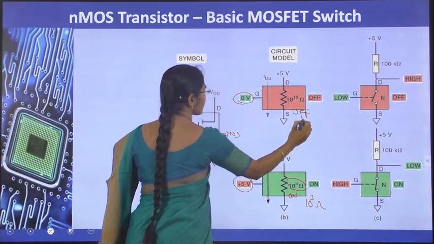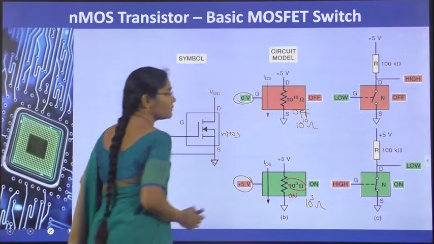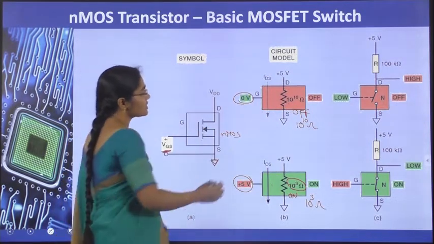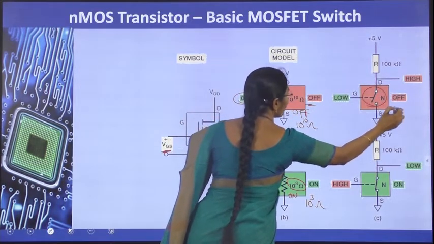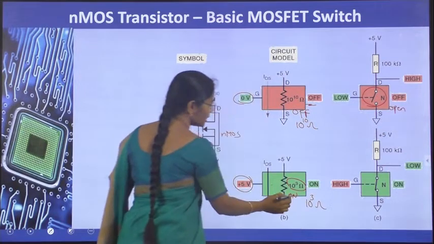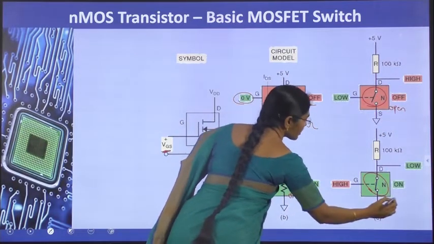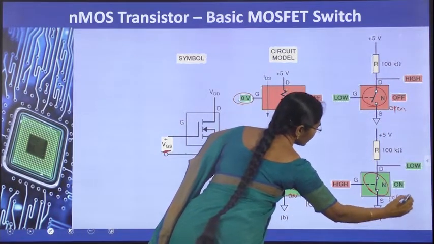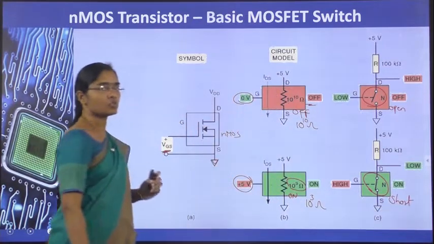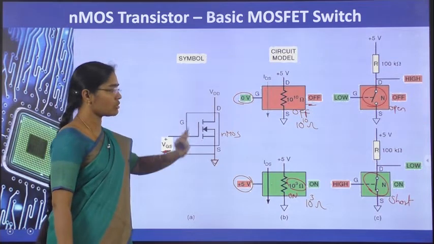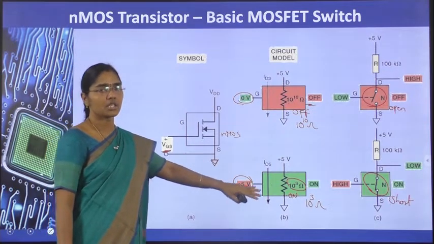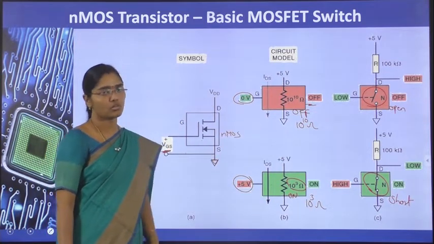An off transistor is represented as 10 power 10 ohms. This is a very high value, so it is represented as an open circuit in the circuit model, and the low value is represented as a short circuit. So NMOS acts as a switch for both logic 0 and logic high inputs: logic high is an on switch, logic low is an off switch.